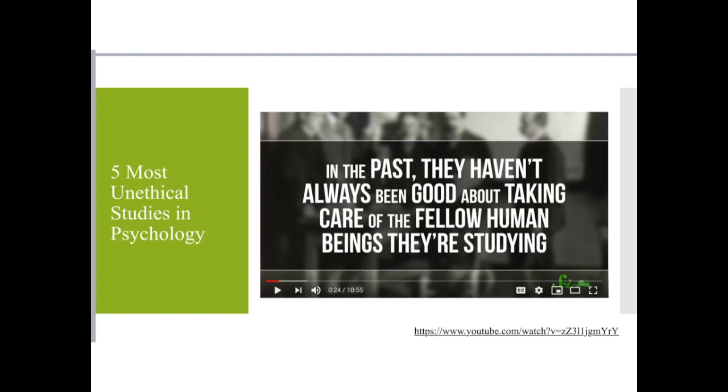It gives you insight into a bunch of different psychological studies that we're going to look at in the future, but some of them are just crazy, what was done to people. And we think now, no way could you do that. And it's true, it's because of this push for more ethical research practices. So we're going to watch this, and then we'll finish up with an example, and then it'll be time for you to hop on that formative.